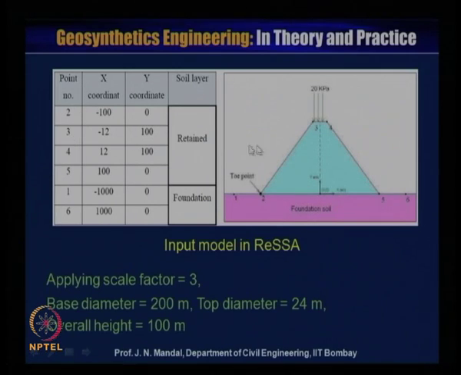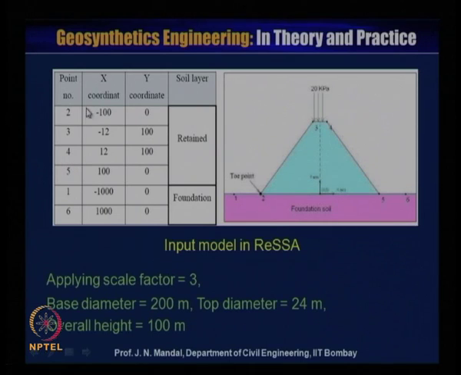For point number 3, the x coordinate is minus 12, because the top diameter is 24, so this will be 12. So for point 3, x is 12 and the y coordinate is 100, and for point 4, this will be 12 and this will be 100.